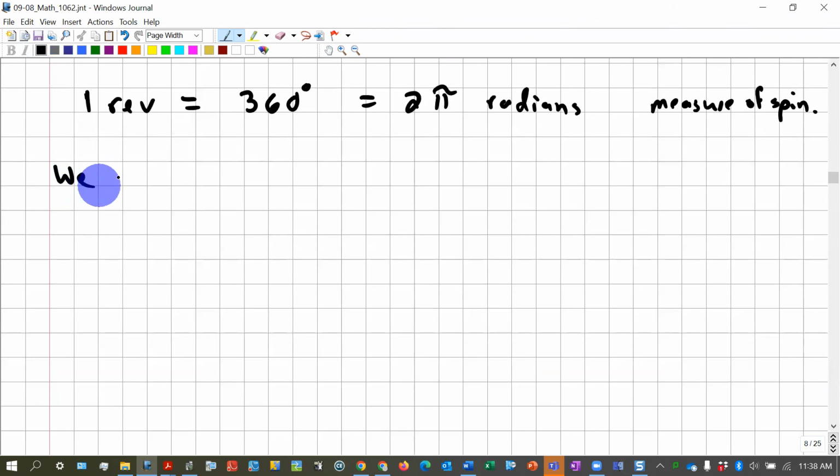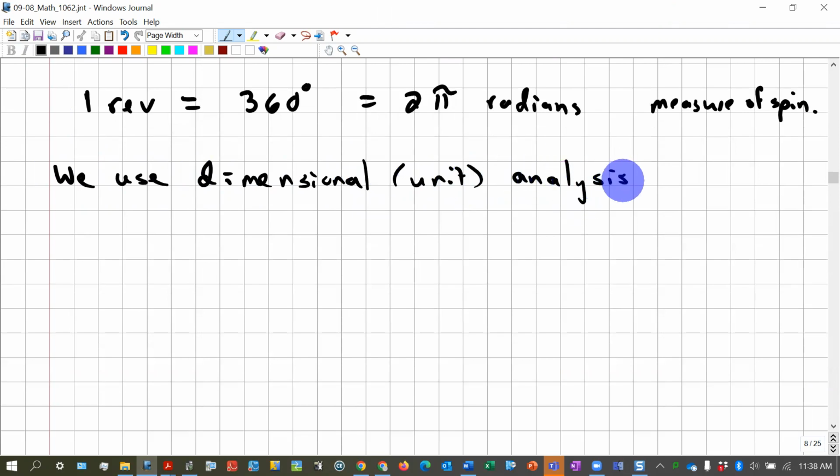And then we use dimensional unit analysis. Unit analysis is a really important concept in math and science. We use it all the time.